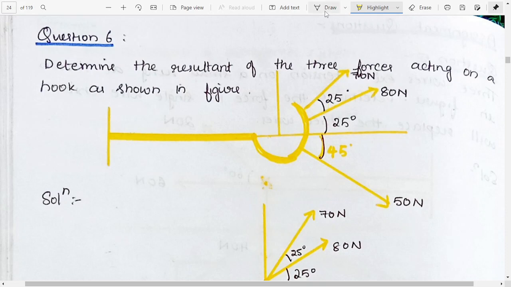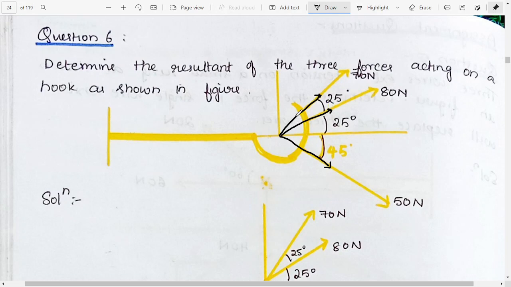Before doing this we should draw a diagram. There will be a force like this, which is 70 Newton. Then there will be a force like this, which is 80 Newton, and here we'll have a force like this, which is 50 Newton.